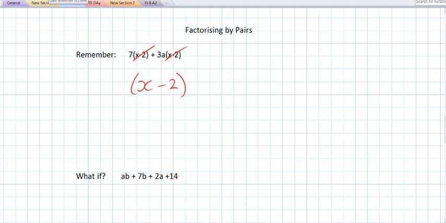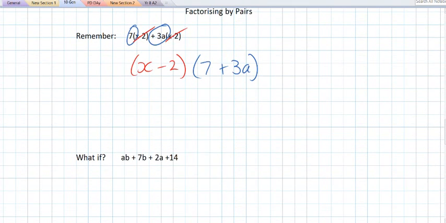Yeah, we make another bracket. And what's left over? The 7 and a plus 3a. And that's factorised, because now we have 2 terms that multiply together to equal the one above. Anything after that? Nope, then we're done. It is factorised.